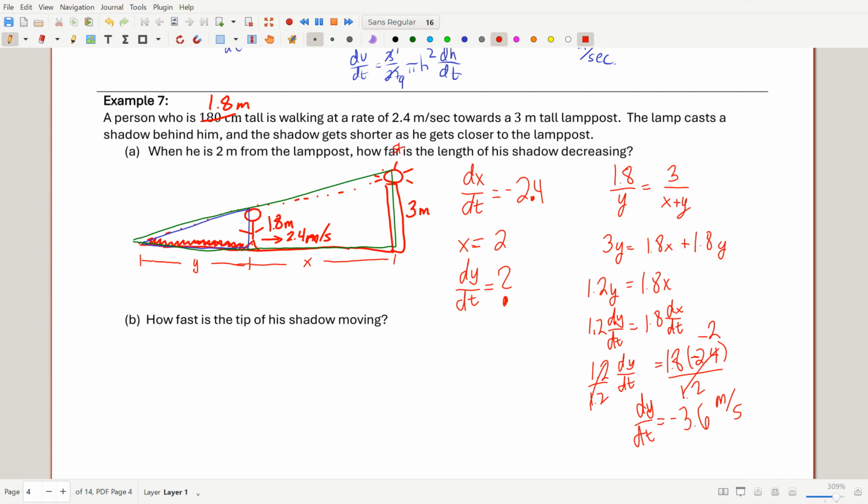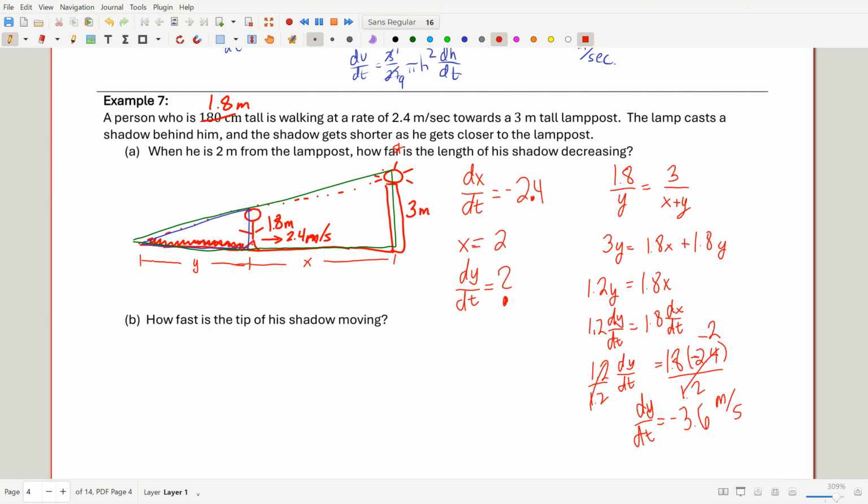I think one way to think about these, we got a little bit of a bigger number here. As the person is walking towards the light post, both x and y are going towards 0, right? If you're standing directly under the light post, you're not casting any shadow. I mean, within reason, you can't get directly under the light post, but those things are both going towards 0. So x has to shrink to 0, and then y, which is bigger, has to shrink.